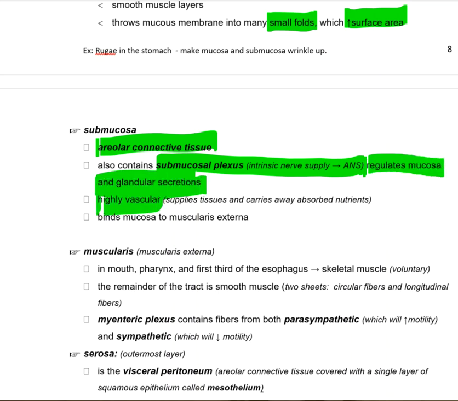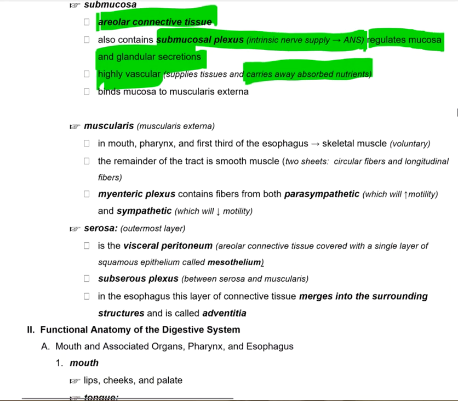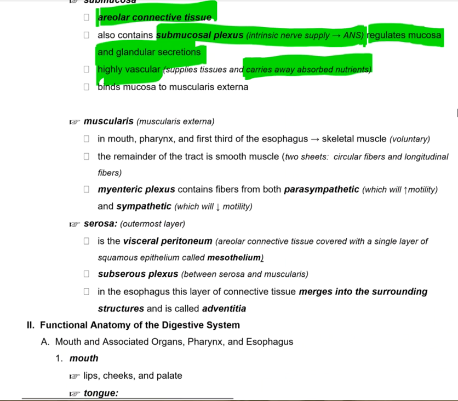It's really vascular, the submucosa, and this is where we carry away our absorbed nutrients that go into our digestive system, and it also binds the mucosa to the next layer.